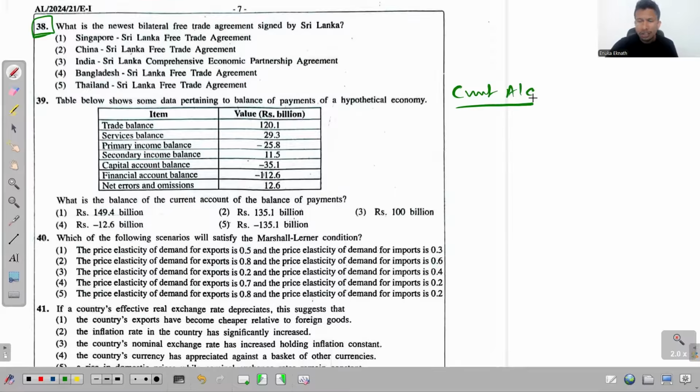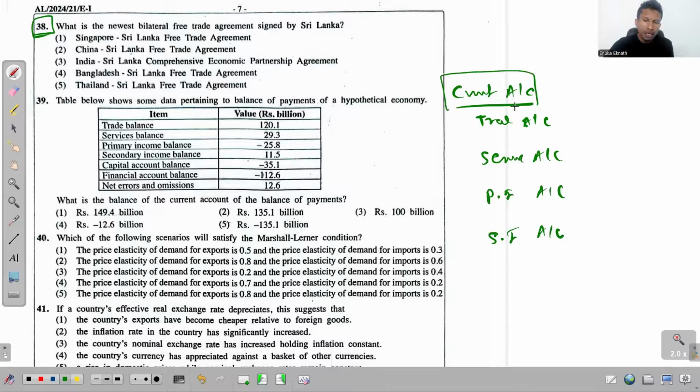Current account consists of 4 sub-accounts. So what are the 4 sub-accounts? Trade account, and then we have services account. Then we get the primary income account, and also we have secondary income account. So if you get the total of all these 4, you get the total of the current account.